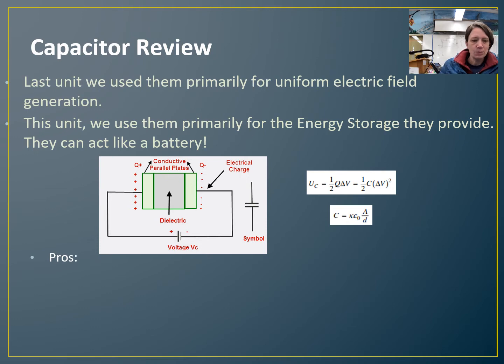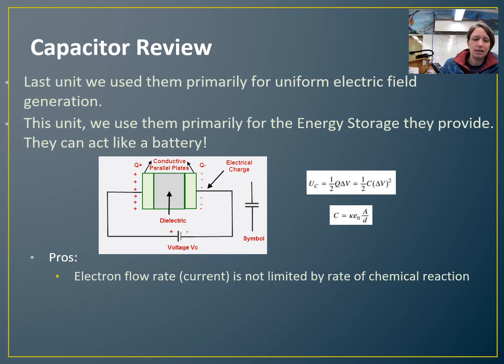A couple pros to putting capacitors in circuits instead of batteries, or in addition to batteries as your power source. The main one is that capacitors do not have a flow rate of current that is limited by the rate of a chemical reaction. In a perfect battery, because it's continuously pumping the same electrons through and through, you should be able to just have an inverse relationship with the resistance.